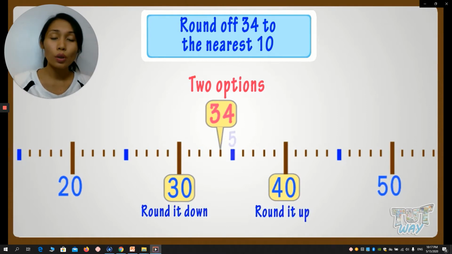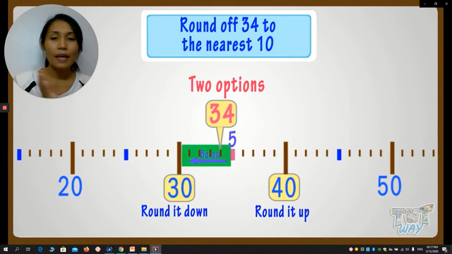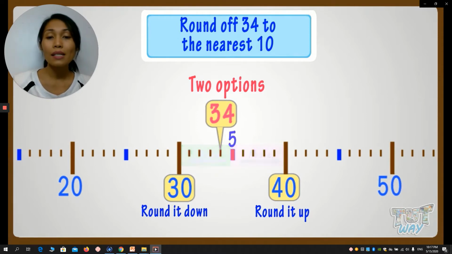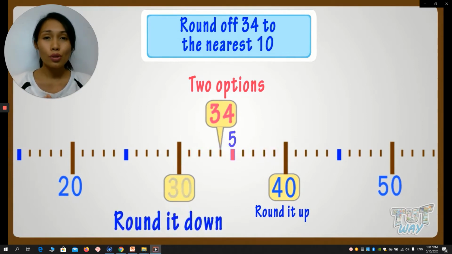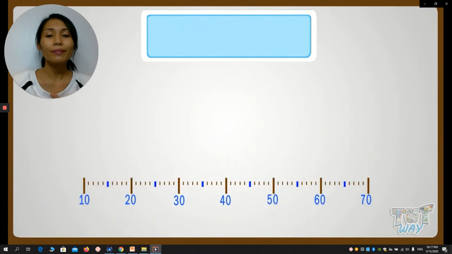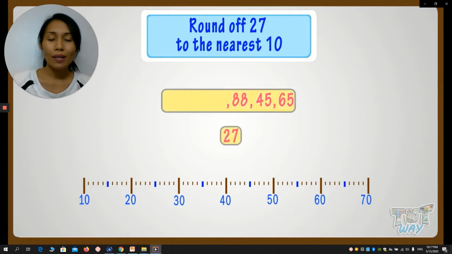So where is 34 closer? Is it closer to 30 or closer to 40? Since 34 is below 5, then we will round it down to 30. That means 34 is closer to 30 and is farther from 40.